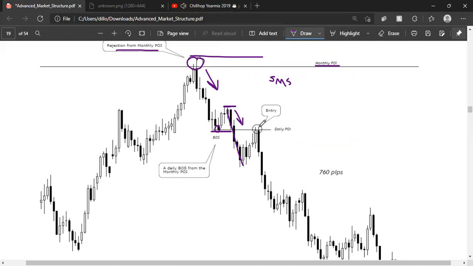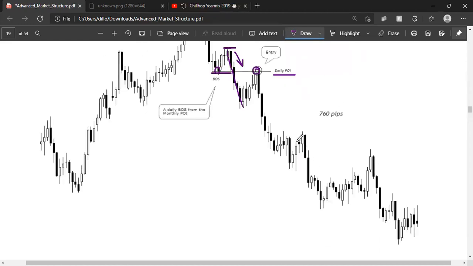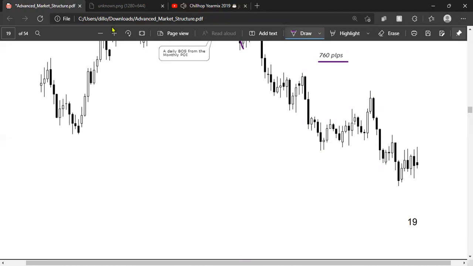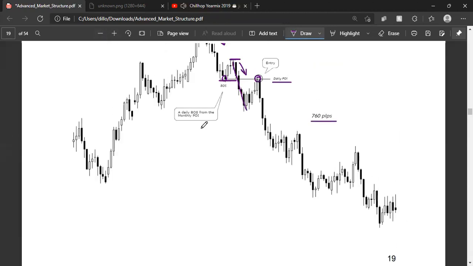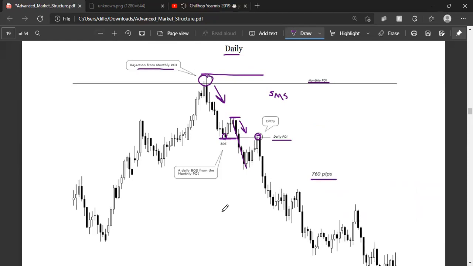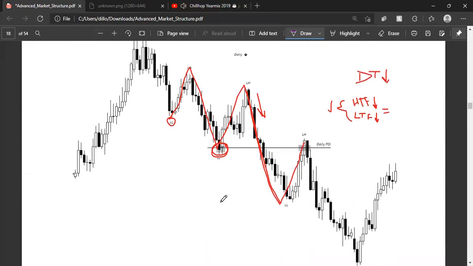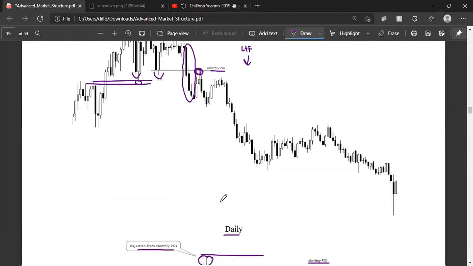So to capitalize off this now, we are looking at that previous broken structure for our entry at the daily point of interest, right? And this went a crazy 670 pips. It's actually a crazy setup, to be honest.